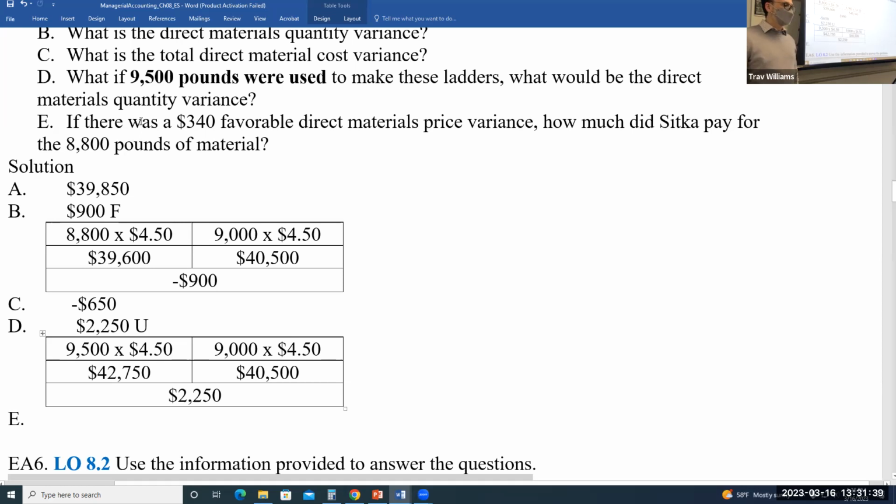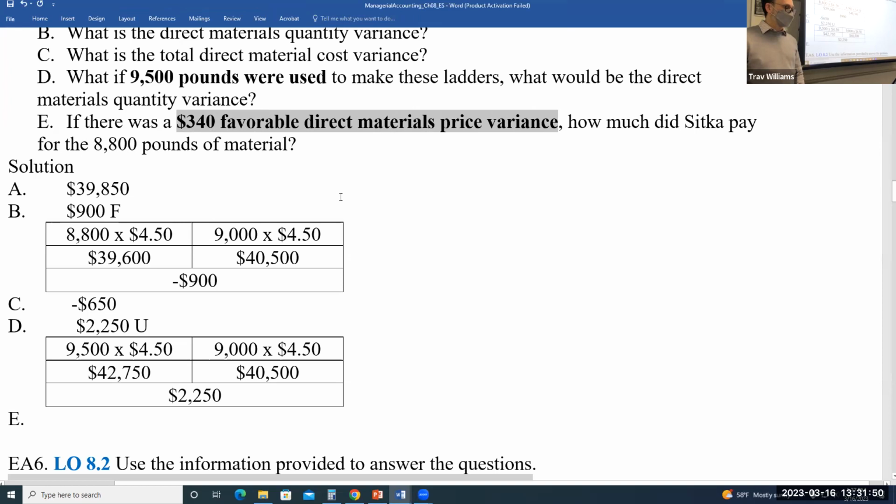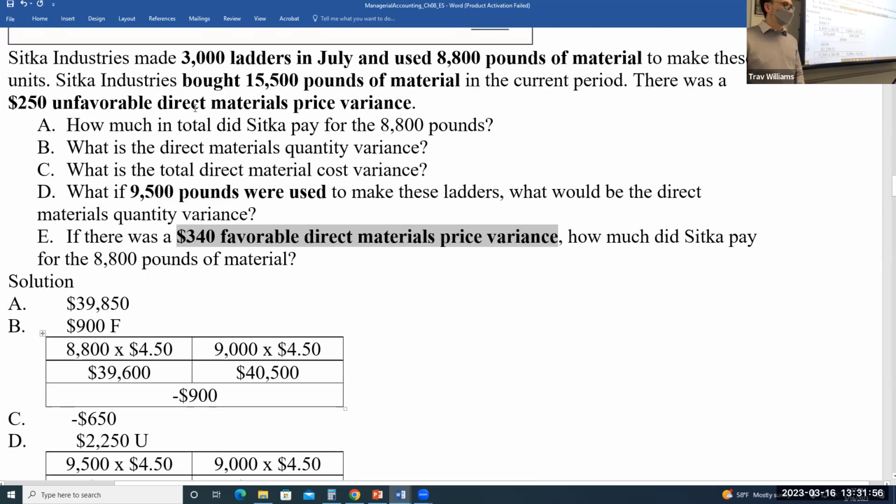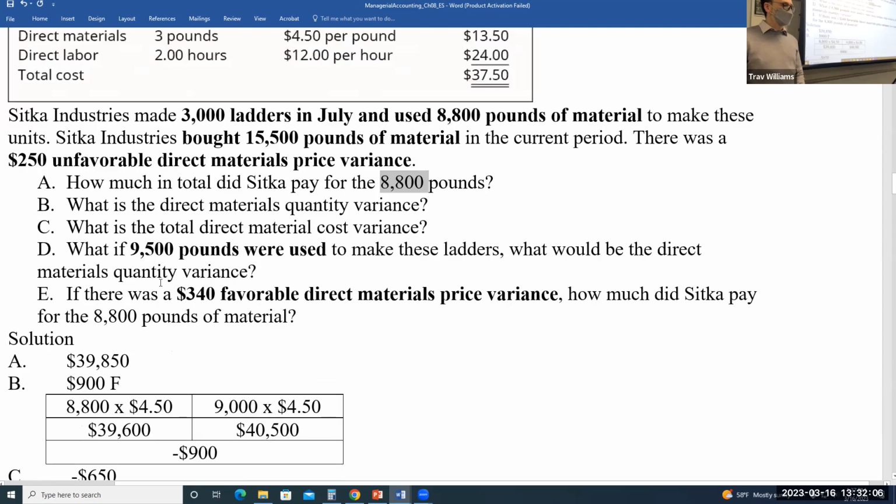Let's go to E. Now they're asking if there were a $340 favorable direct materials price variance, then how much did they pay for the material? Okay, remember how we solved this at first? The very first question was how much did they pay based on 8,800 pounds? And I think it was Zay, right?